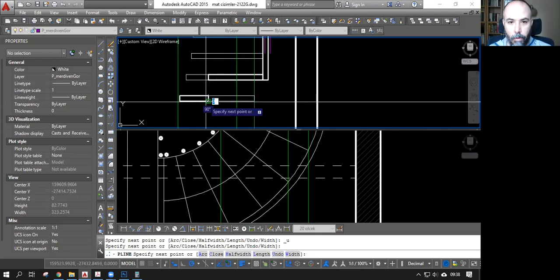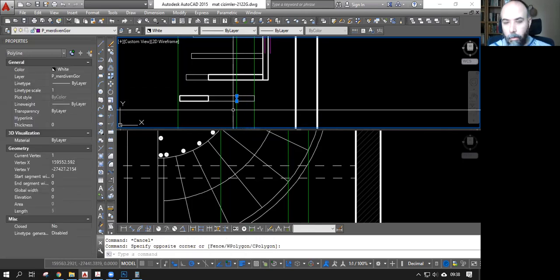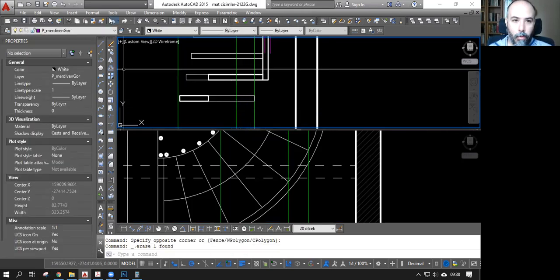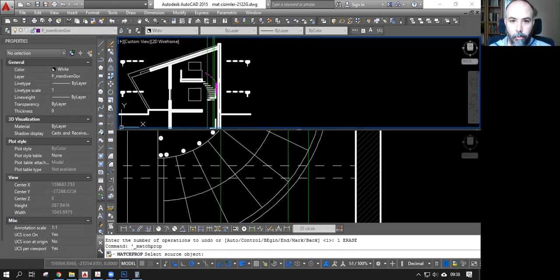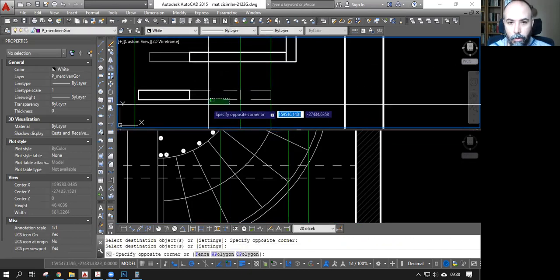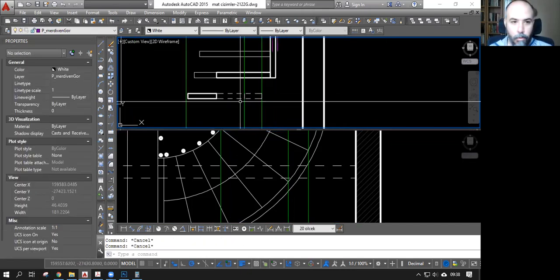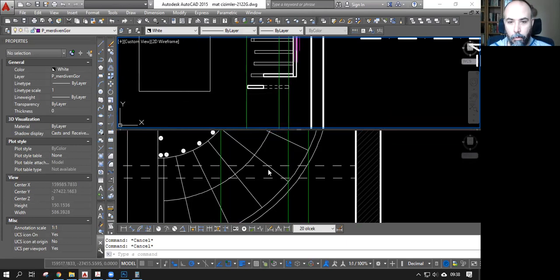So we are going to do that in dashed lines. Or let's do that. So this will be in dashed. Maybe I can just decrease its line type scale a little bit.